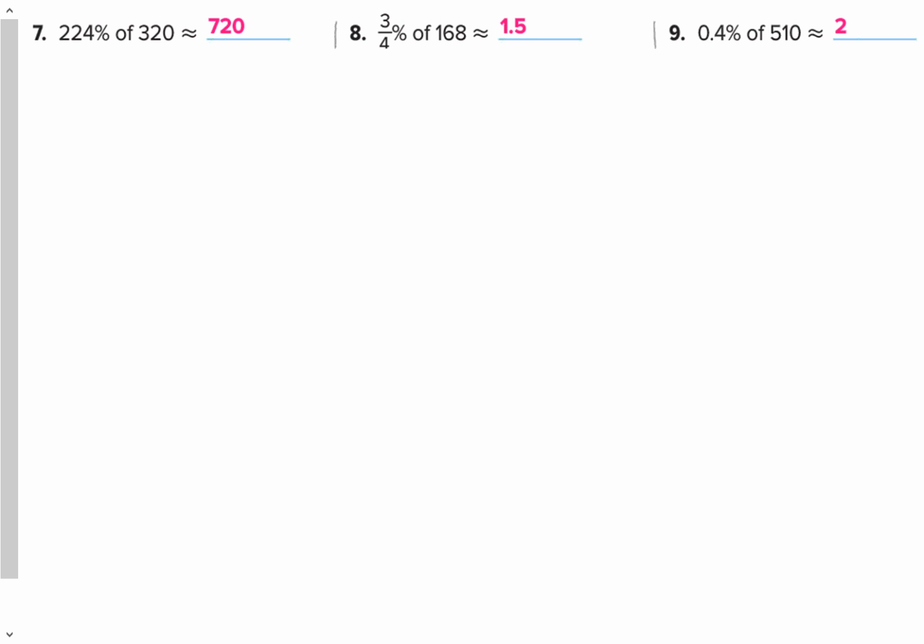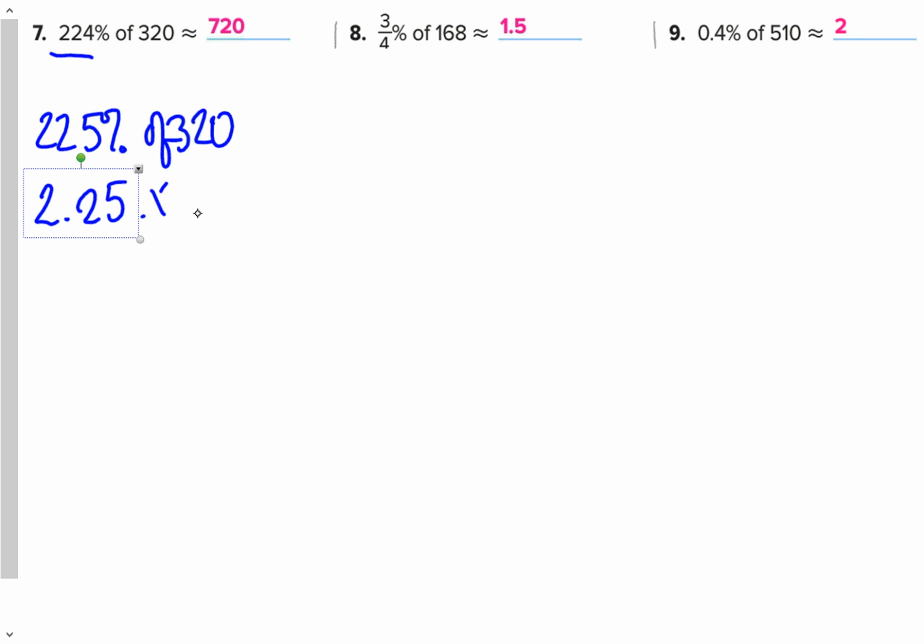Number 7, 224%, I rounded that to about 225%. 224 was actually closer to 225 than it is to 240, so that's why I said 225. And then I rounded 320 just to 320. I left it alone because it was a nice number. So I multiplied 2.25 times 320, and that gave me the answer of 720.